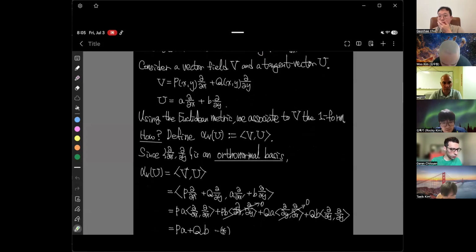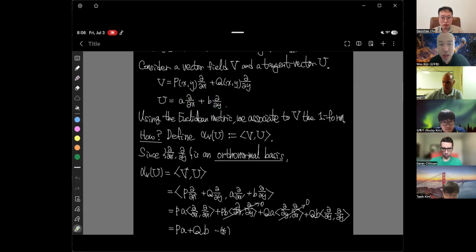If we have a vector field V and a tangent vector u, we write the vector field as p times partial derivative with respect to x, plus q times partial derivative with respect to y, and the tangent vector u the same way, as these are basis tangent vectors.